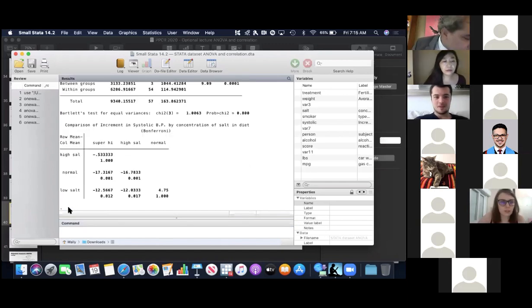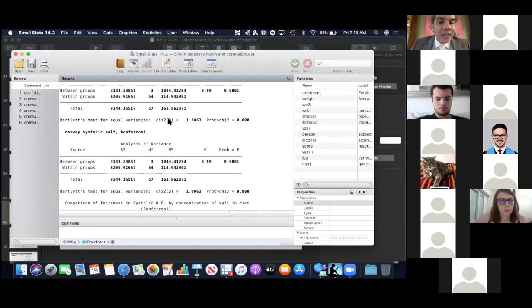Why are you going to run another ANOVA if you already knew that there was a difference between the variances? I mean, you have this information already. Because the Bonferroni can't be done in a two-way ANOVA. The only reason I'm running this one-way ANOVA right now is to get the Bonferroni. Only to know which group is different from others.